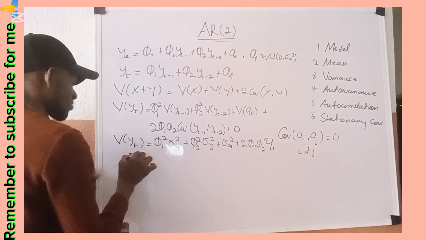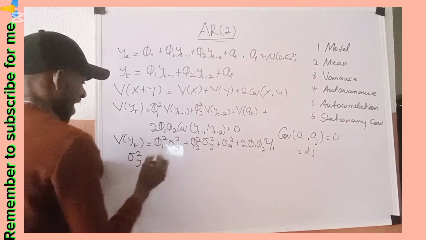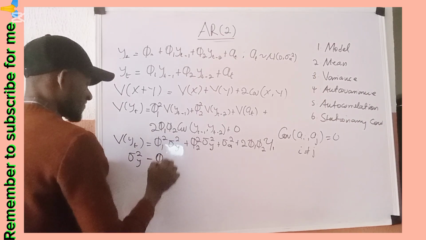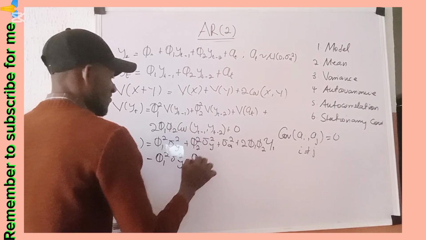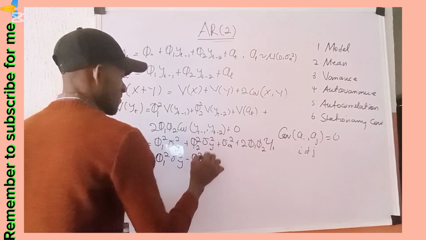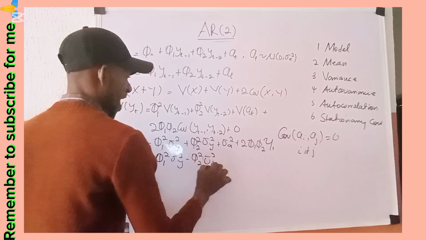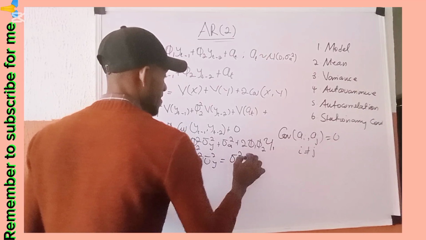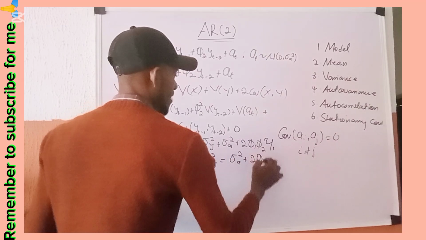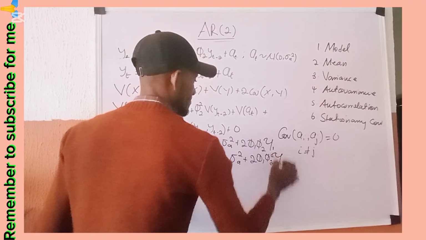So you have sigma squared of y minus, this one comes over here, phi 1 all squared, sigma squared of y minus phi 2 all squared, sigma squared of y, equals sigma squared of a plus 2 phi 1 phi 2 gamma 1.